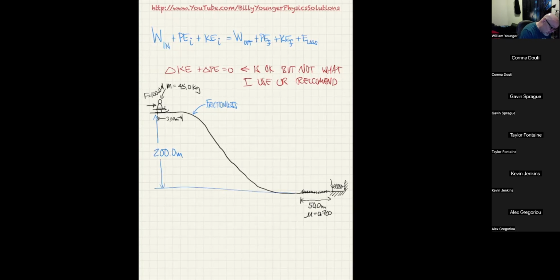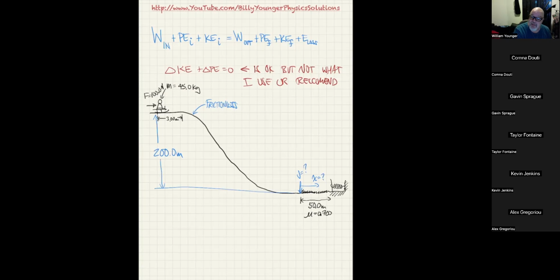So first thing I want to know is right here, what is the velocity of the sled? Then if the velocity of the sled is big enough, I want to know exactly how far x the child will go across the rough surface before they come to a stop.